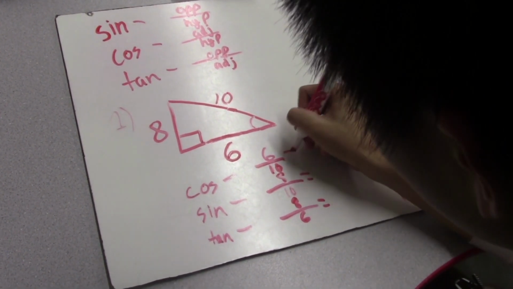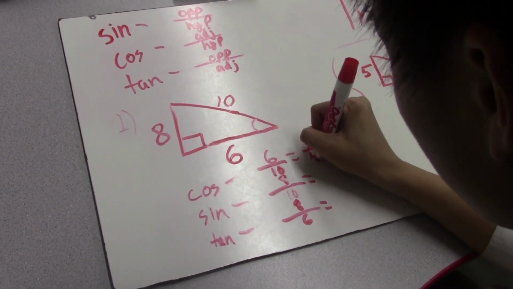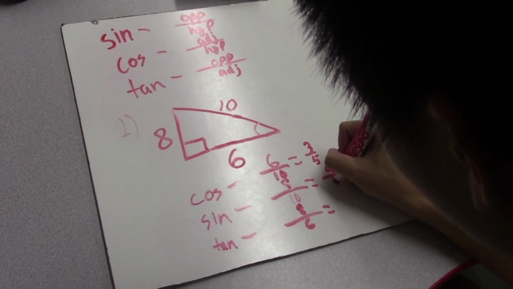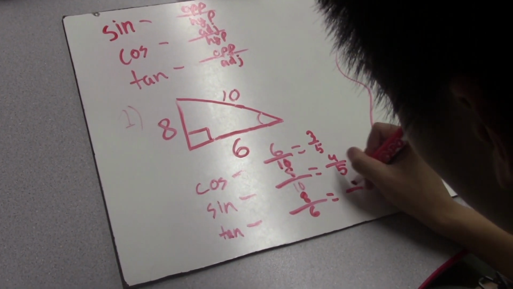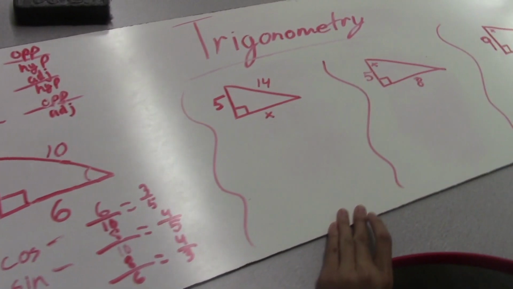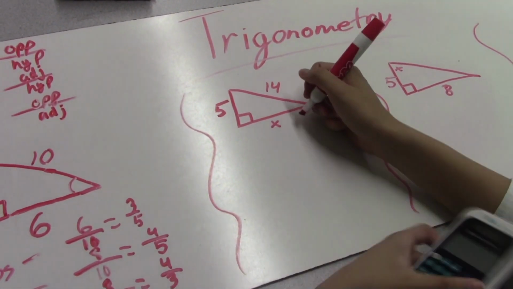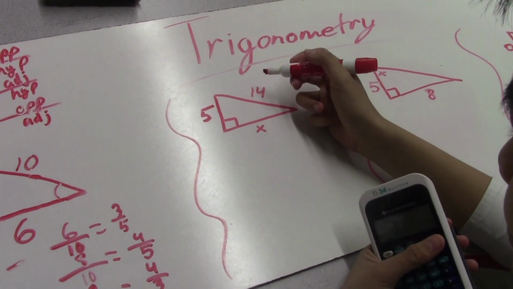And we could simplify this by dividing by 2, so it would be 3 over 5, 4 over 5, and 4 over 3.